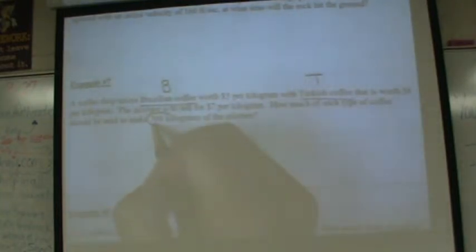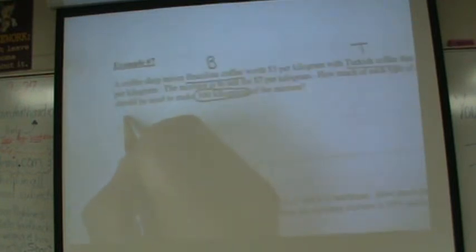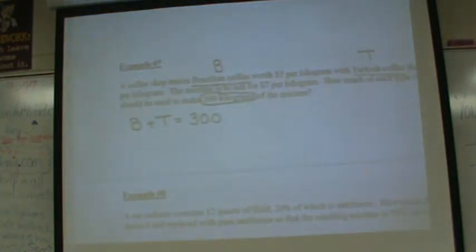You want to look for how many units combined of the 2 items you have. In this case, we've got 300 kilograms. So one of your equations is B plus T equals 300. The next equation is how much each item is worth and how much you're spending on all this coffee mixture.